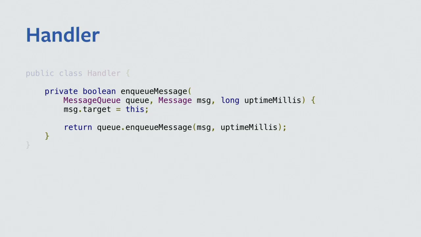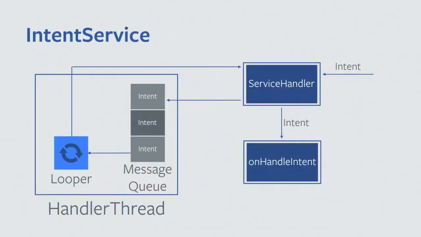Great. So I'm going to give a couple examples of the abstractions that Android builds on top of this. The first one is intent service, which is super simple. Whenever an intent comes into the service, it has its own service handler subclass that posts it to its message queue. Its message queue is just intents, and the looper just dispatches those intents back to the service handler, which then calls your on-handle intent.